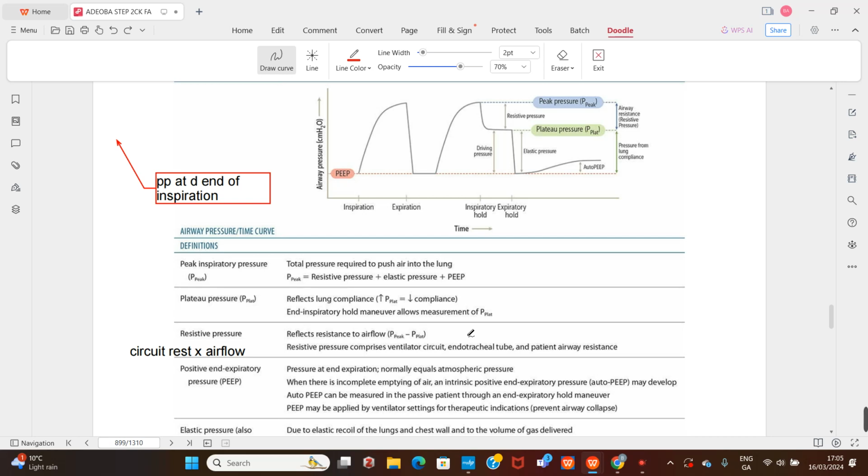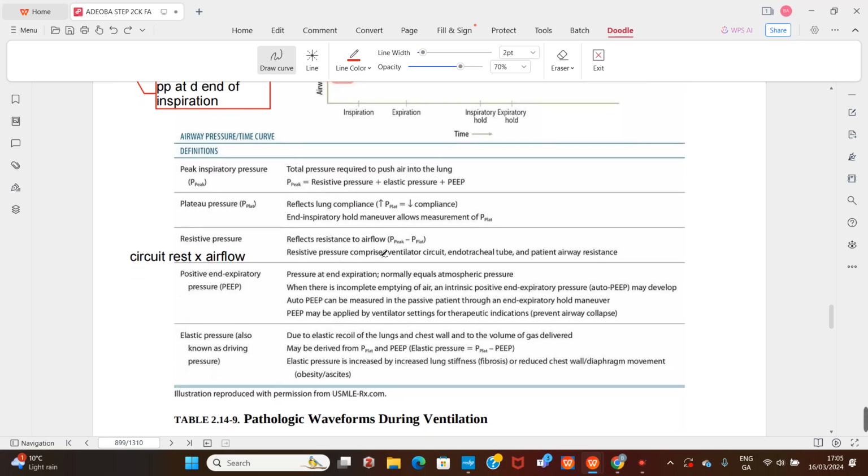So if something is less compliant, it has a very high elastic recoil, high elastic pressure, high plateau pressure. And don't forget, you use your end inspiratory hold maneuver to get your plateau pressure because you will have eliminated your restrictive pressure. The restrictive pressure is resistance to airflow.